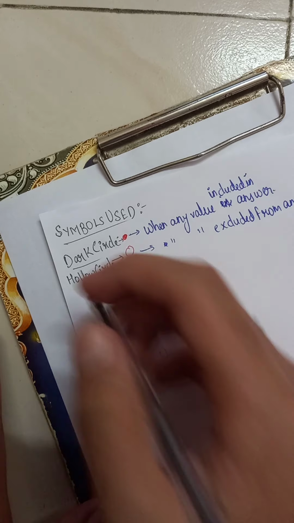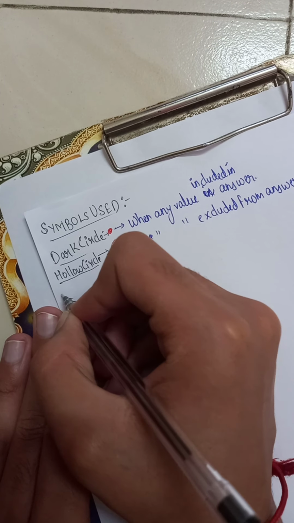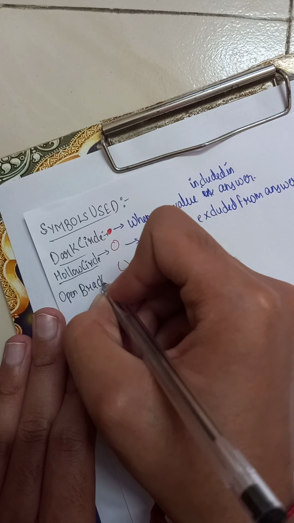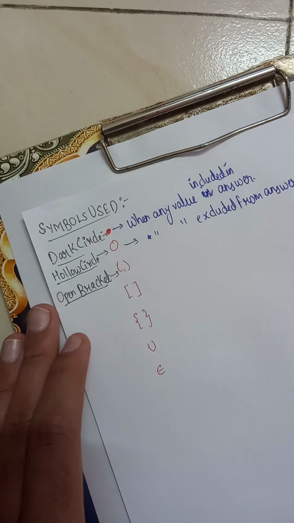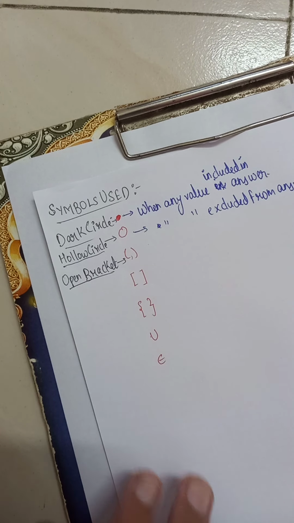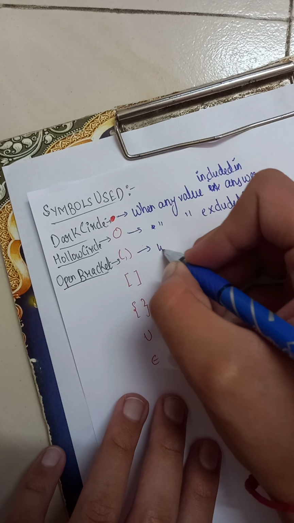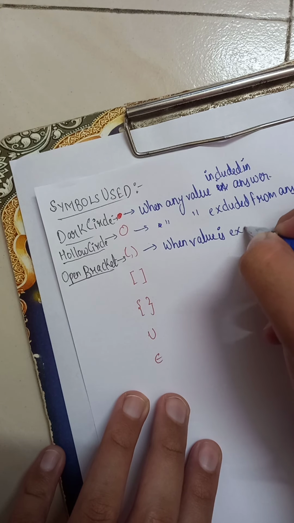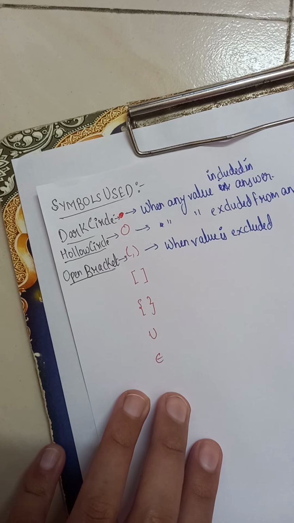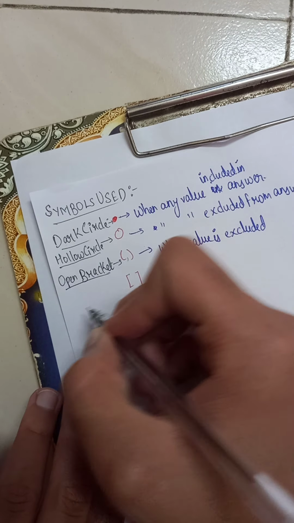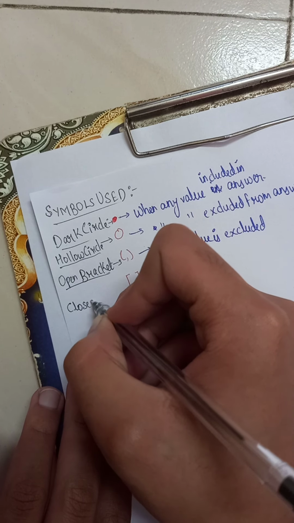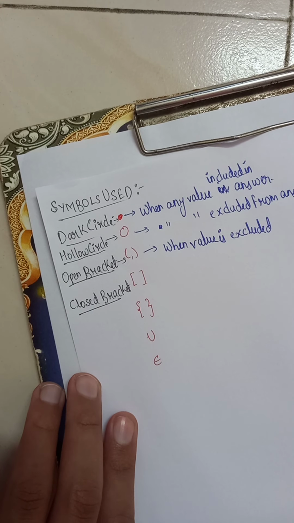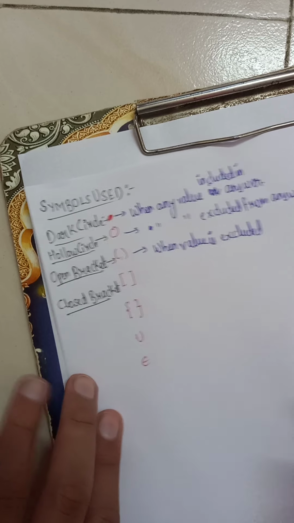Next, the open bracket. It means that when the value is excluded. Next is the closed bracket. It means that when the value is included.